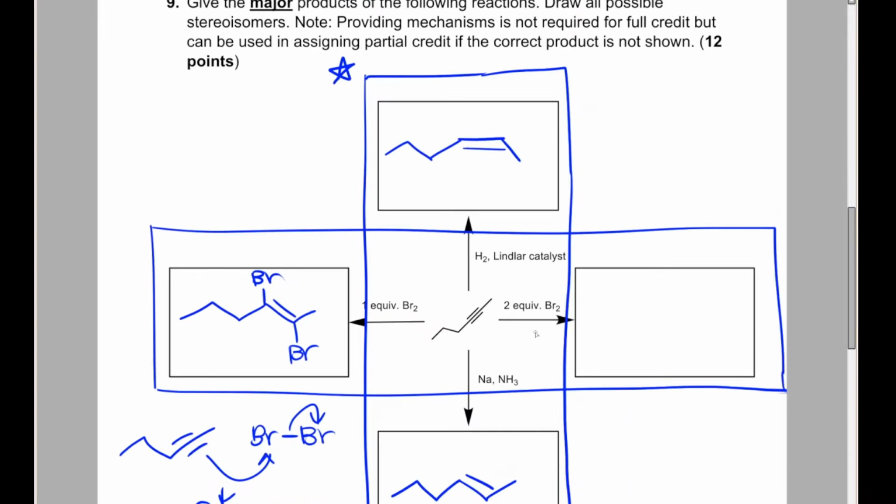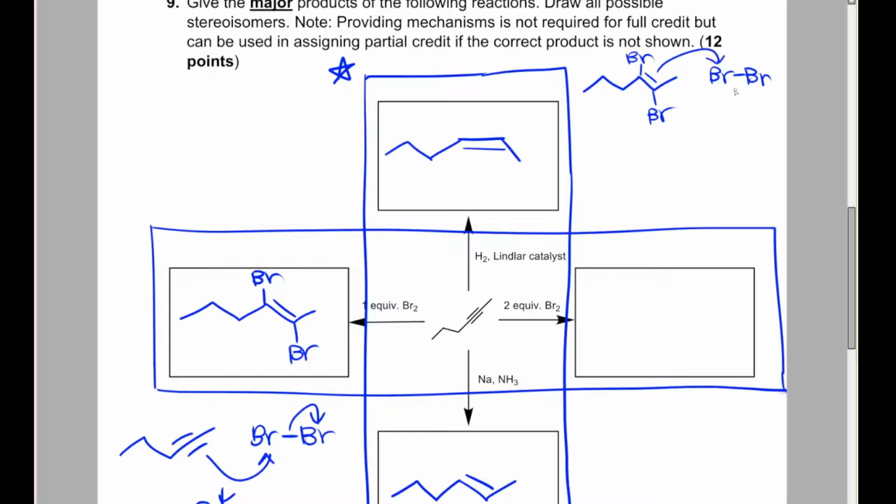Similarly, for two equivalents of Br2, we're just going to do the same exact reaction, except now it's probably more clear to you because we've seen a lot of this with alkenes. So I'm going to redraw the mechanism here. And this alkene is going to once again act like a nucleophile.